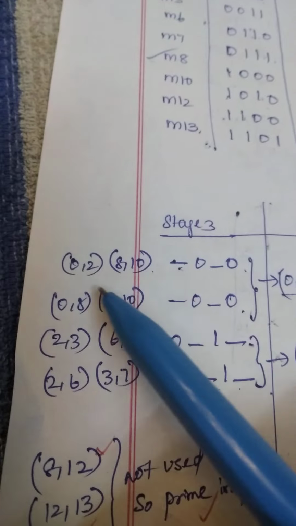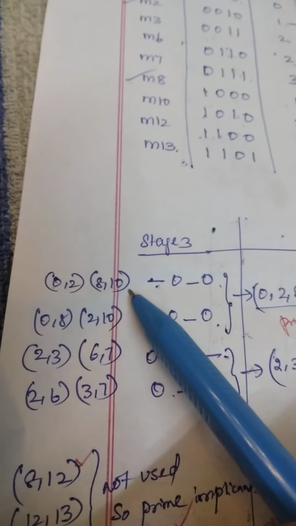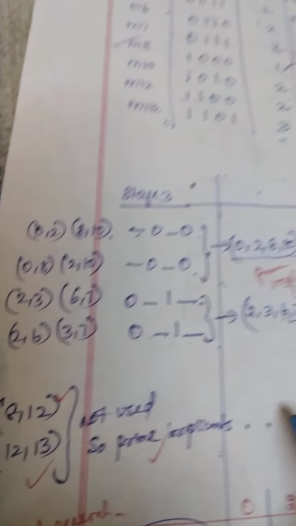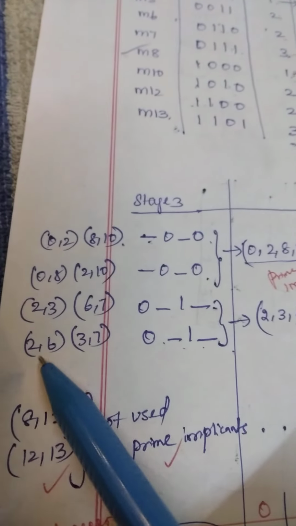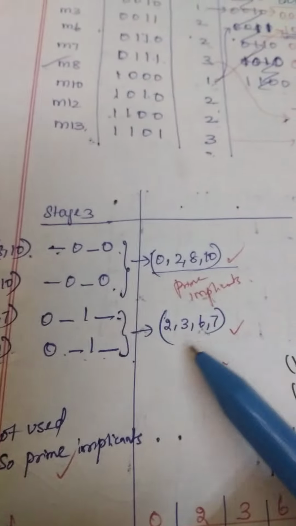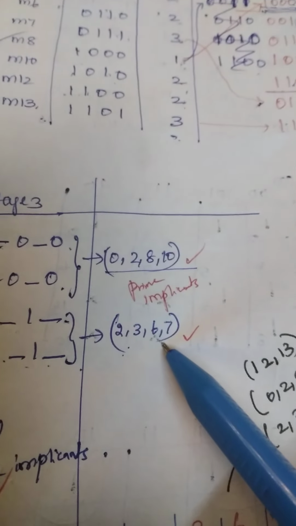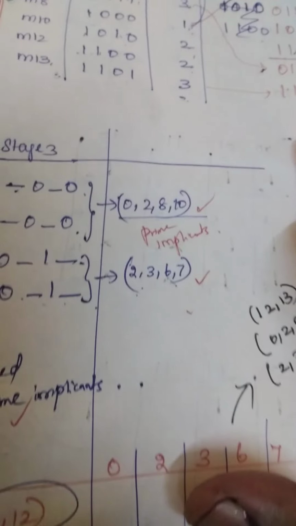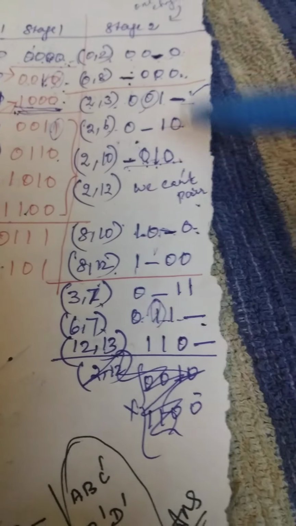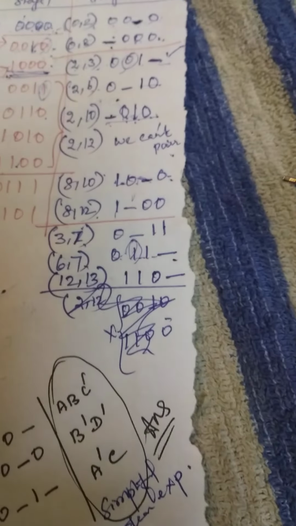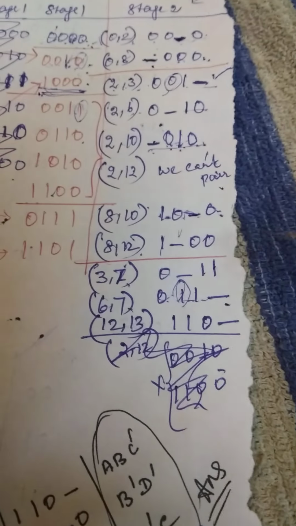So this will be one pair: 0,2,8,10. The same thing is coming again, so you can remove one and take one. Similarly, 2,3,6,7 and 2,6,3,7, so you can take one and remove one. So the values are 2,3,6,7. These are prime implicants. And moreover, whichever is not involved in any grouping, that is 8,12 and 12,13.